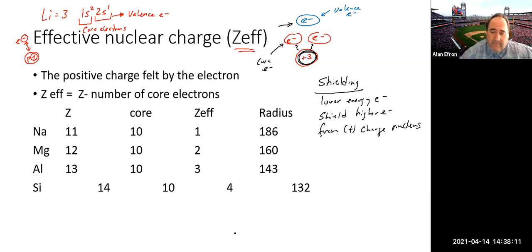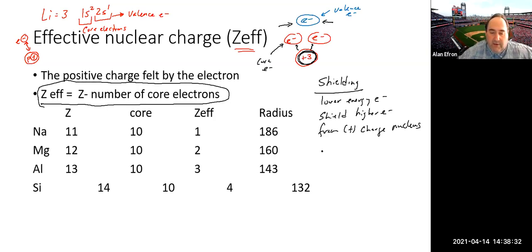They're sort of taking the full brunt of that positive charge. And the guy on the outside is not really feeling that full +3 positive charge like we were talking about here with lithium. It's feeling an effective nuclear charge, which is our Z effective. And you can calculate it relatively easily.